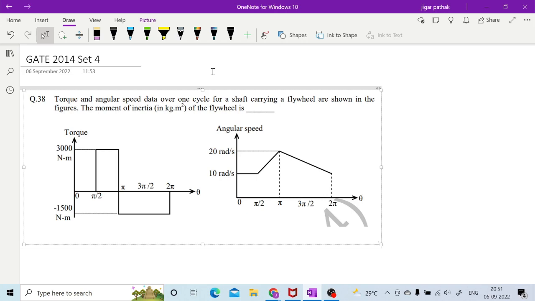From there I have calculated 1500 pi, that is the maximum fluctuation of energy, and after that I have applied half I omega max square minus omega mean square, where omega max is 20 and omega mean is 10. Then I have got this 31.41. Okay, so is everyone getting the same?